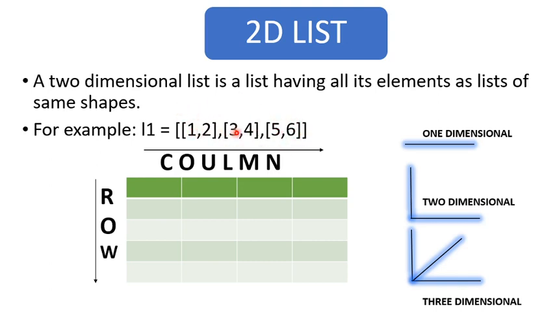All three elements are of list data type, and all three have the same shape. Here are two elements, here are two elements, and here are also two elements. So you can say that a list can also have a similar number of elements, then it is called a 2D list.